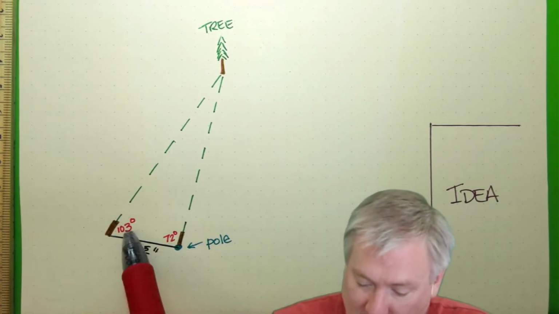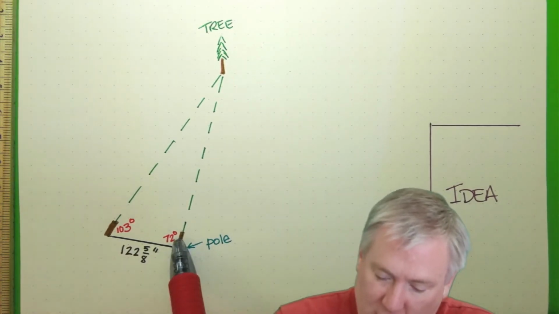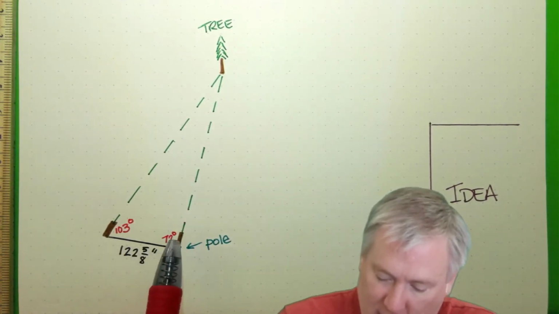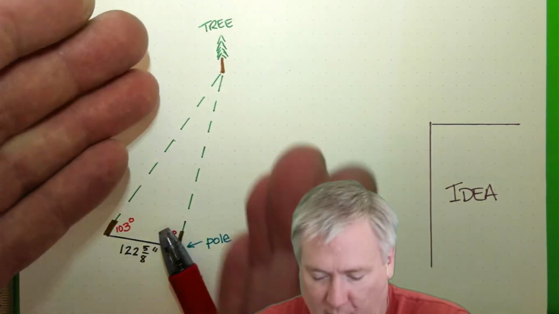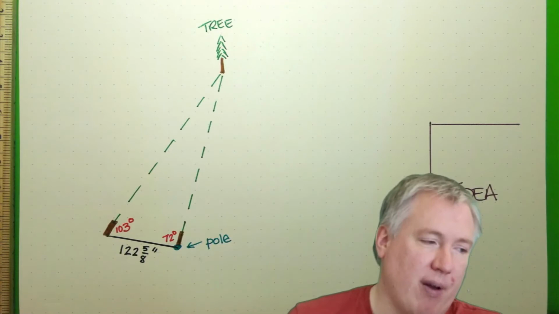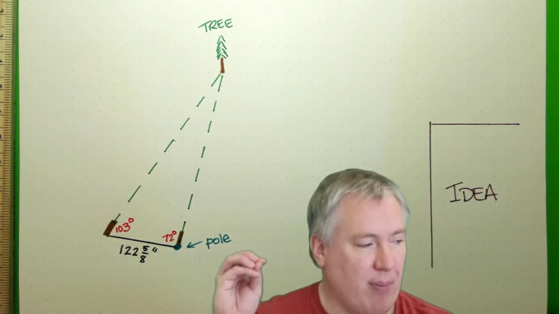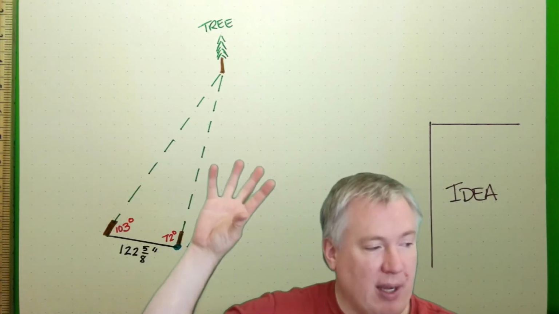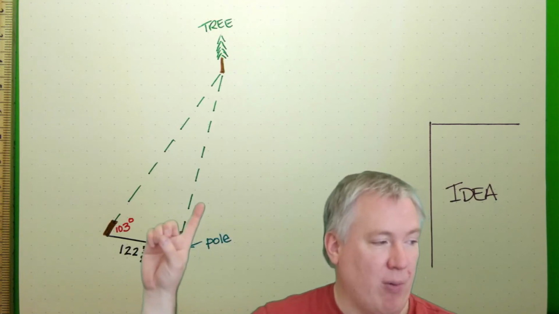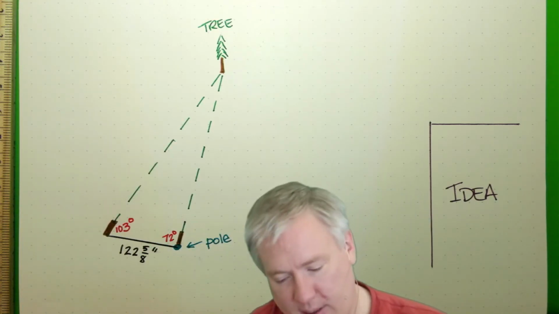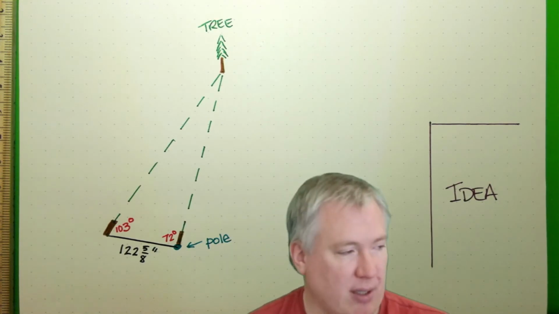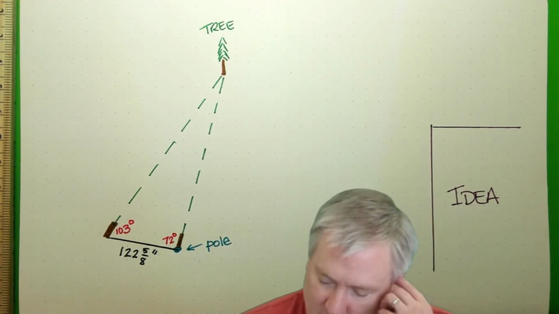So I'm not asking you to draw perfectly, okay? If I were to draw it more accurately, it'd probably be narrower and all that kind of stuff. I'm not asking you to have your drawings be perfect. They just need to be representative: you pointed at something, you pointed at something else, you measured the distance, and you got those angles. We'll let the calculations determine what we want to know.